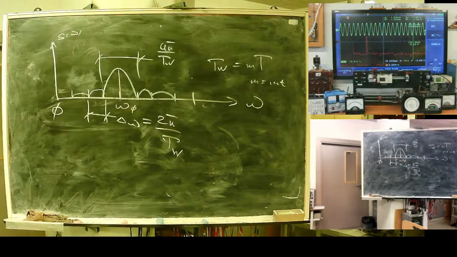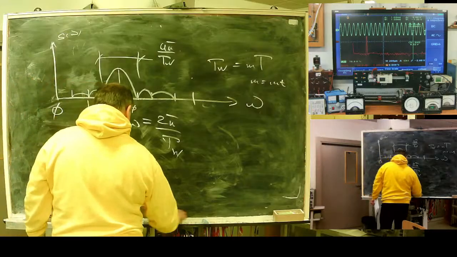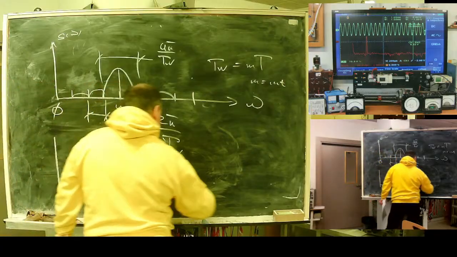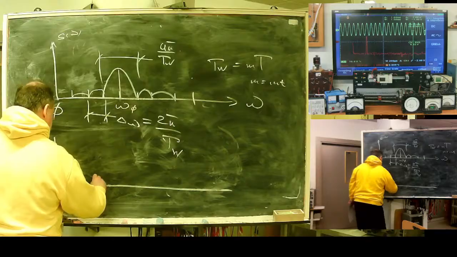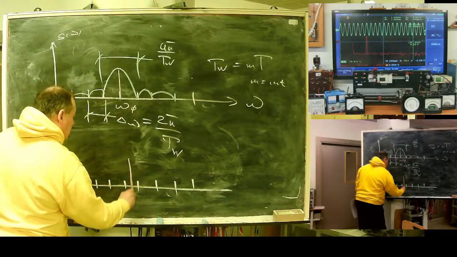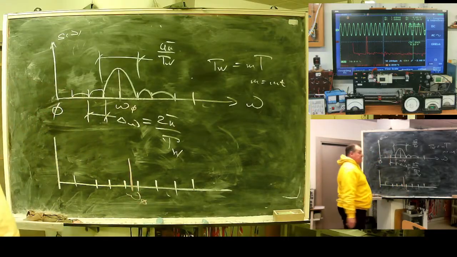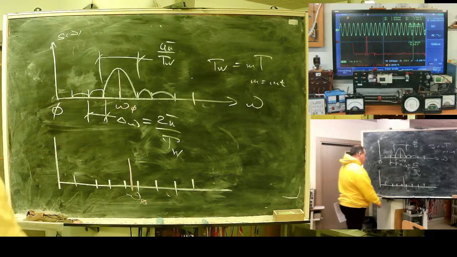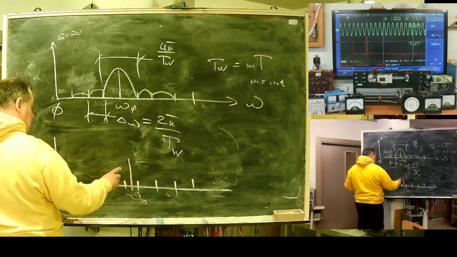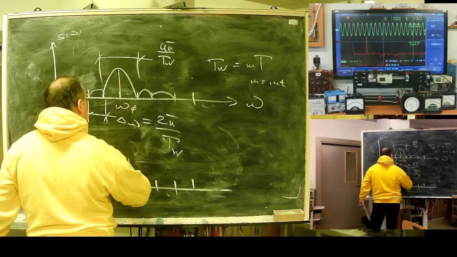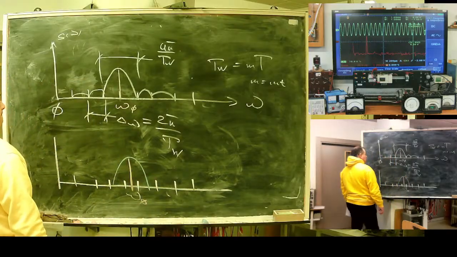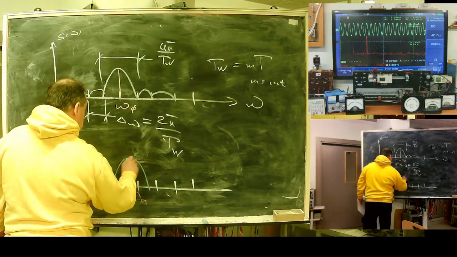If not lucky, what can happen? If you're not lucky and omega 0 is between the sampling frequency net lines, what will you get? You will get something like this. Exactly.